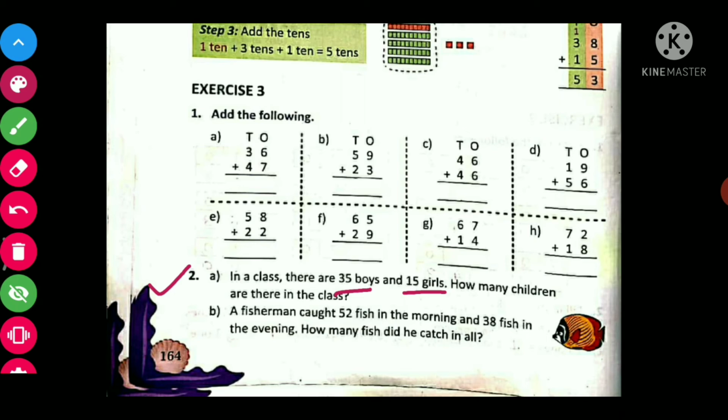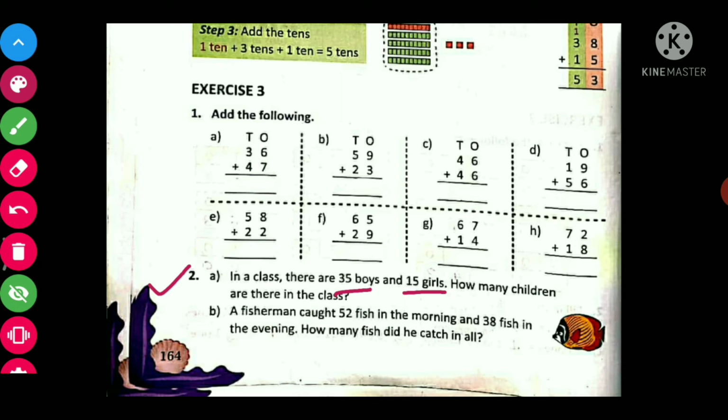So total number of children will be what? What we have to do here? It is asking about the total number. So whenever in the question it asks about the total number, we'll always do addition. How we can find the total number of the students? By doing addition. We'll add these two numbers.